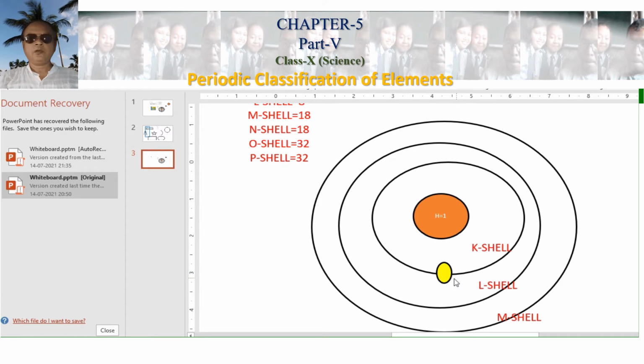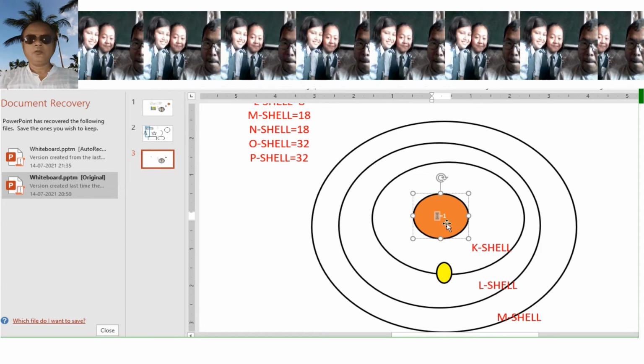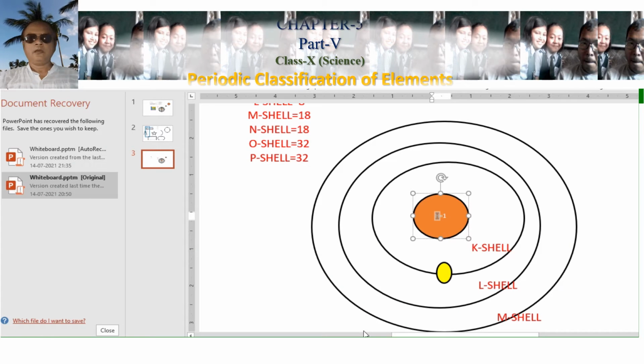Lithium has, so the first K shell can accommodate only 2 electrons, maximum 2 electrons. So helium has, now in the periodic table, second is lithium. So let's go to lithium and draw the electron configuration of lithium.